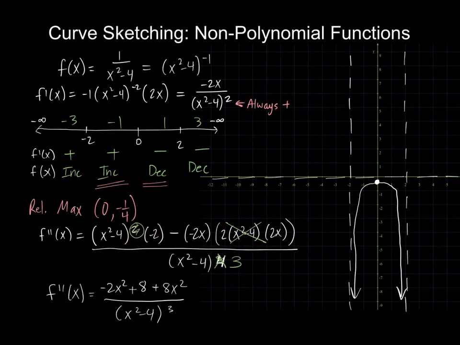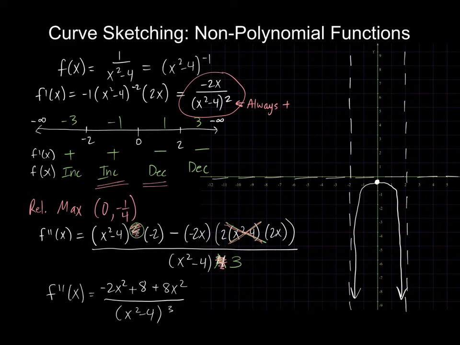Okay, now I'm about halfway through that process. I chose to use the quotient rule on this first derivative to get my second derivative. What happened when I did that is each term had an x squared minus 4 in it. There were 2 of them here, so I crossed it out and just left the 1. There was 1 in my second part, so I crossed it out completely, and there were 4 in the bottom, so I crossed them out and made it cubed.